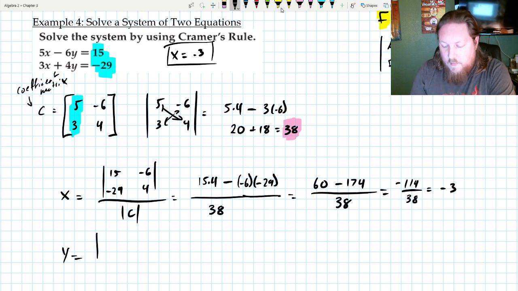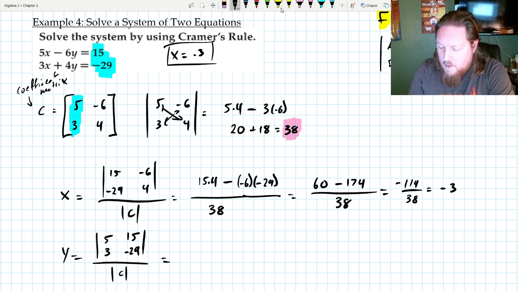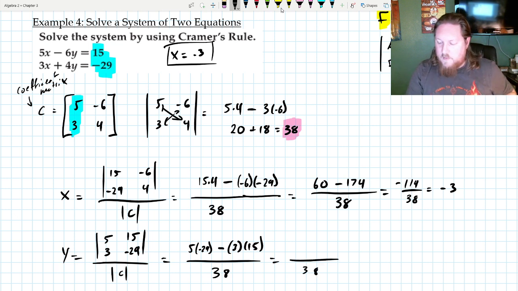We use the coefficient matrix with the x coefficients, but for the y coefficients we plug in the 15 and the -29, and divide by the determinant of the coefficient matrix again, which is 38. 5 times -29 minus 3 times 15. 5 times -29 is -145, minus 45.